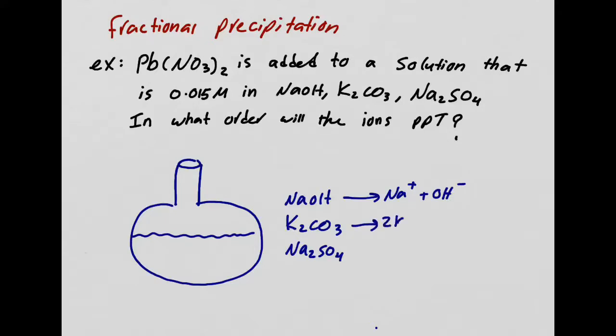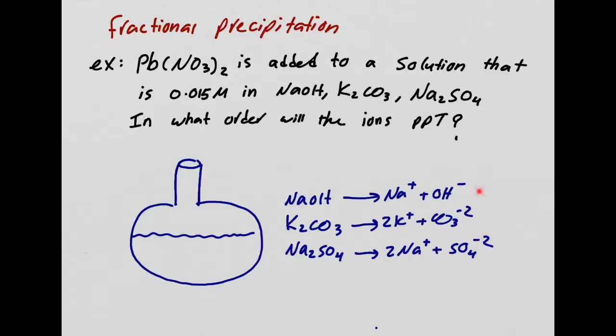Potassium is the same, K+. Carbonate, remember the solubility rules from Chem 1A. Sodium sulfate, the same thing. It would break up into sodium and sulfate. So again, these are all soluble salts. They would dissolve 100% in water. They would be aqueous.